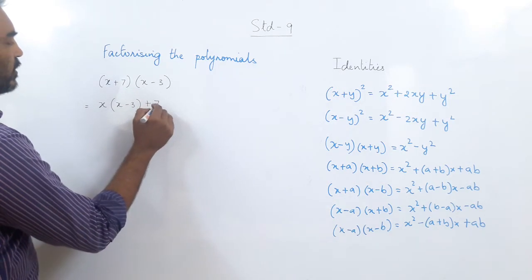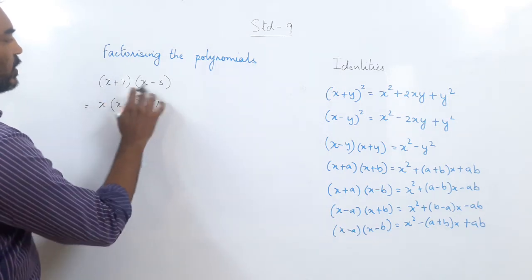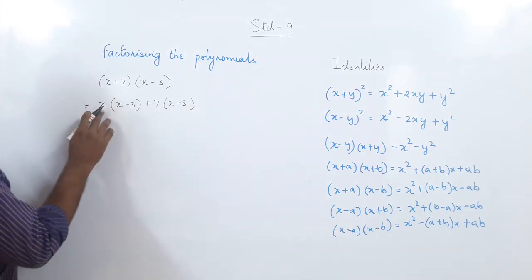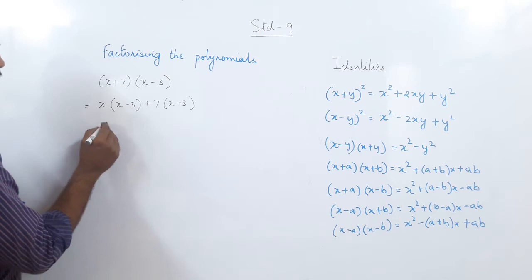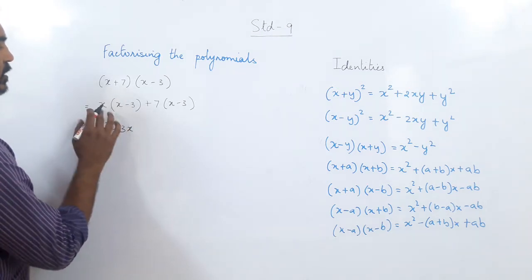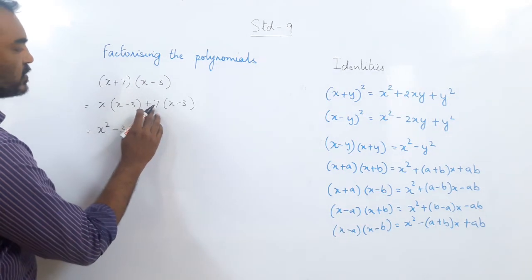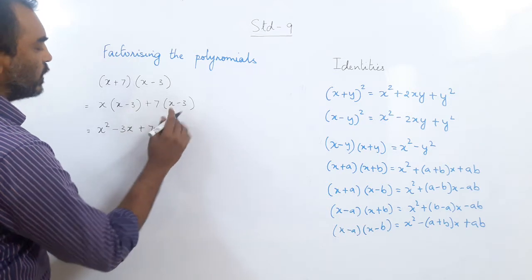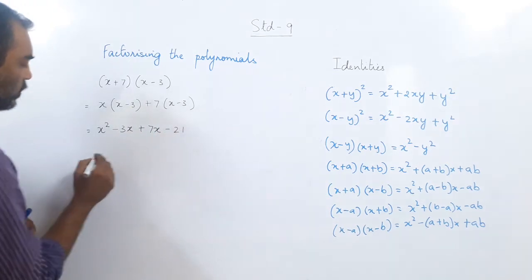Then the plus 7, plus because it is a plus 7, into again the bracket x minus 3. So what I get? x into x is x square, x into minus 3, minus 3x, plus 7 into x, so 7x, and 7 into minus 3, minus 21.